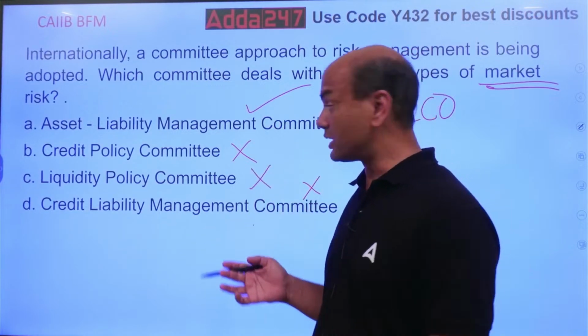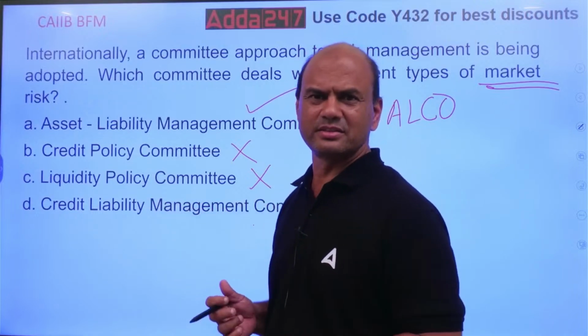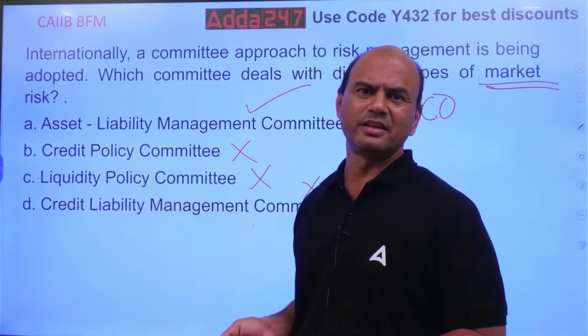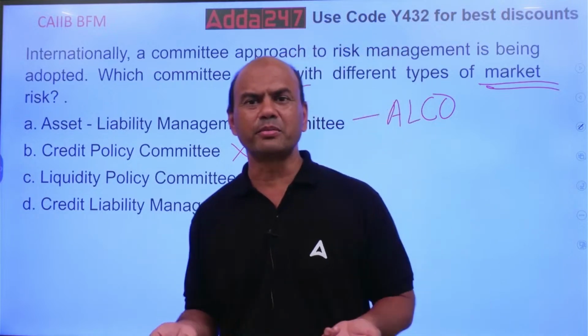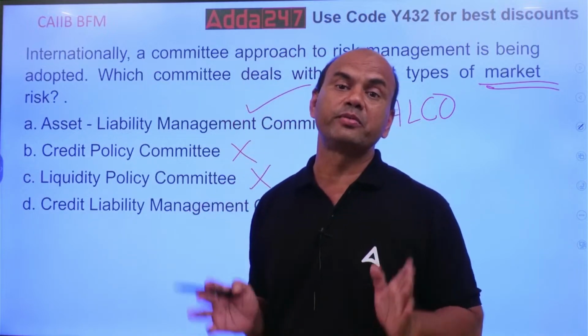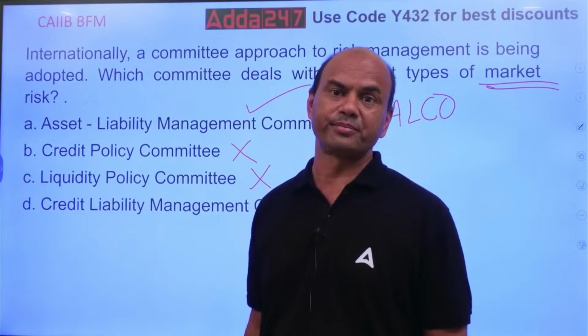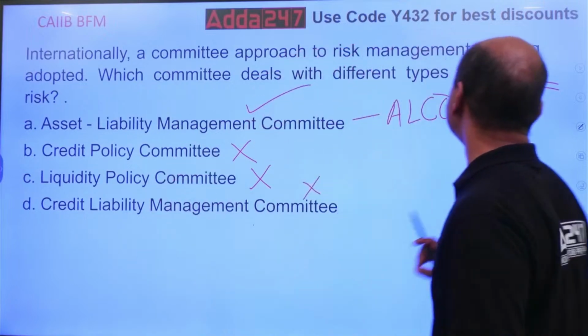Somebody might argue, sir, we have some committee with this name in our bank. You can have 1,000 committees in your banks. I can have a canteen committee. What's the problem? What is in the risk management framework? That's important, isn't it? So the answer is ALCO. Got it?